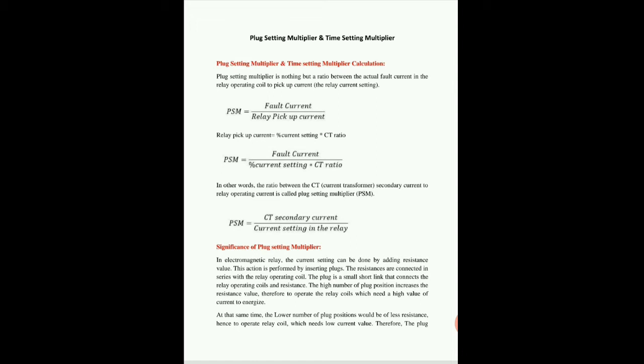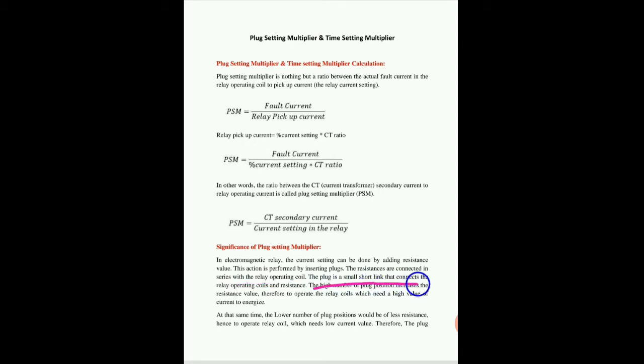We want to vary the resistance. If we vary the resistance we can vary the current also. These resistances are connected in series with the relay operating coil.